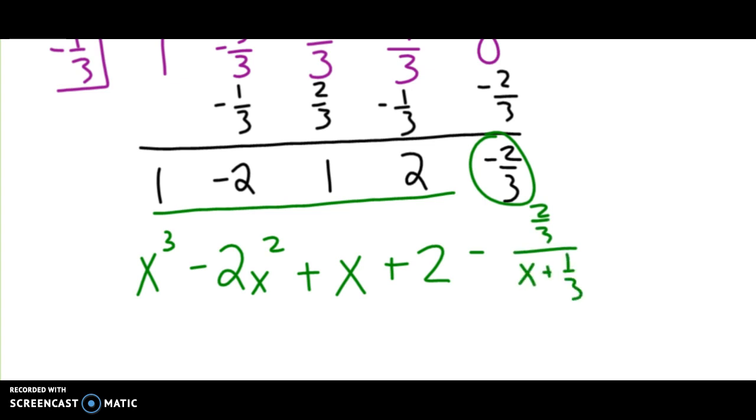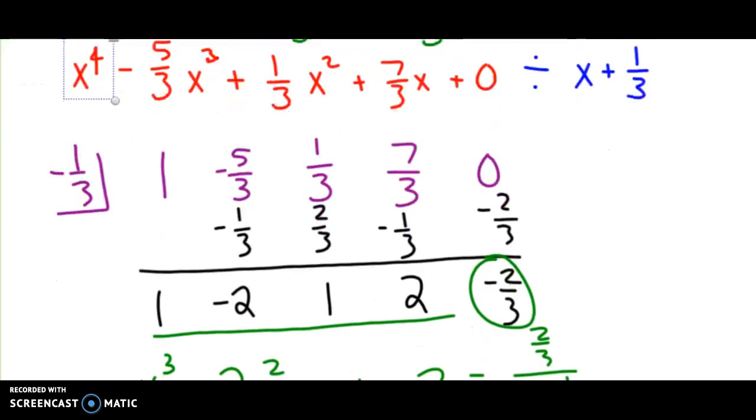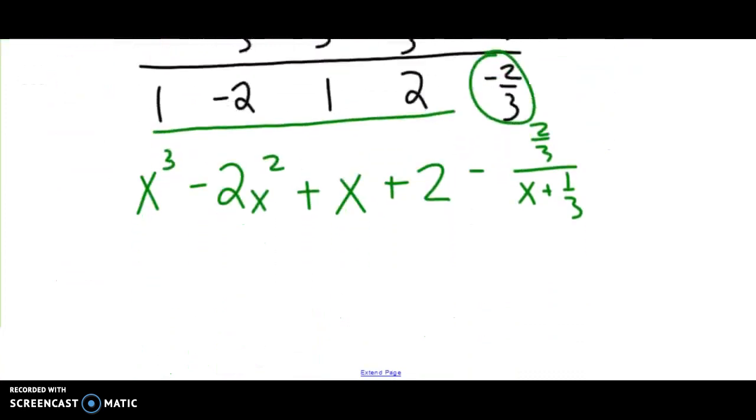And that truly is the answer, but x plus 1/3 is not what we originally had as our divisor. It was this, right? So I'm going to go back and change it to this. And how I do that is by multiplying both the top and bottom of that by 3. And so when I multiply this by 3 and this whole thing by 3, it's kind of cool.